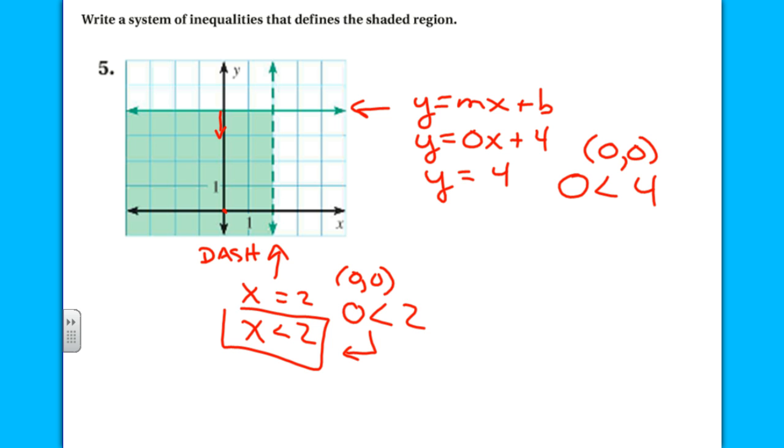And I hear Lindsay saying equal to because this is a solid line. So she wants to put it right in right now, which is fine. And so we go back and now write the inequality, Sophia. There it is. Good. We got both.